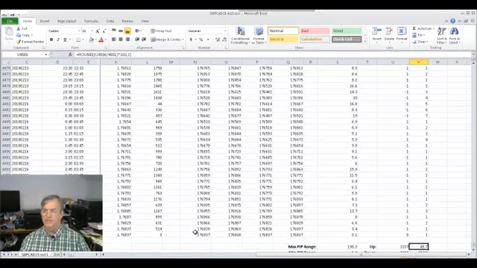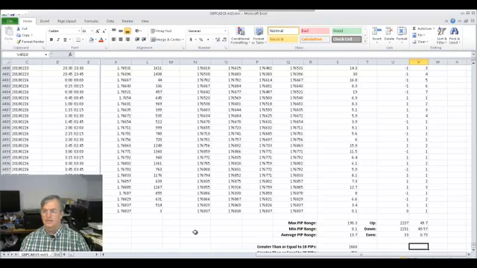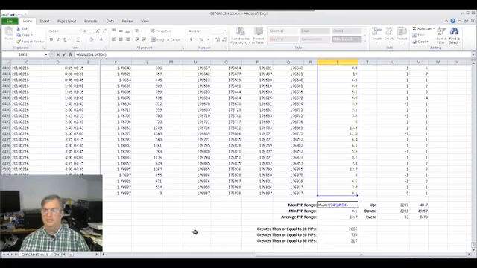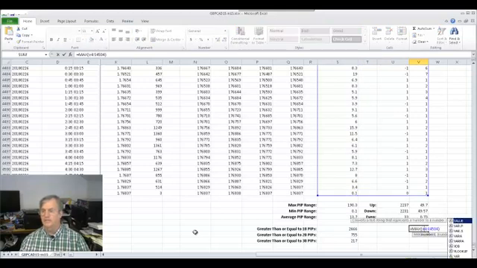Now what we can do is look at column V. I'm cheating, I know.